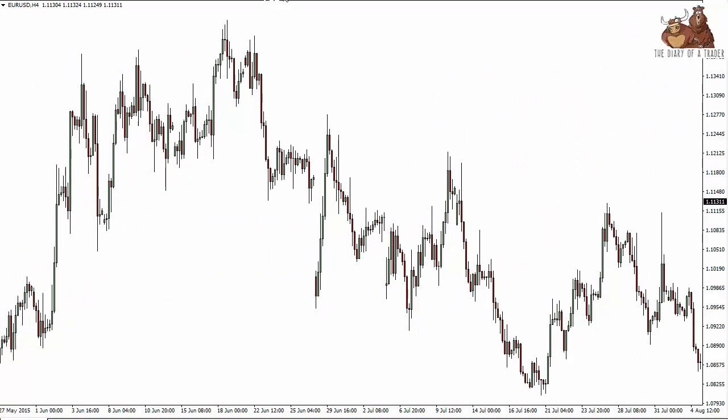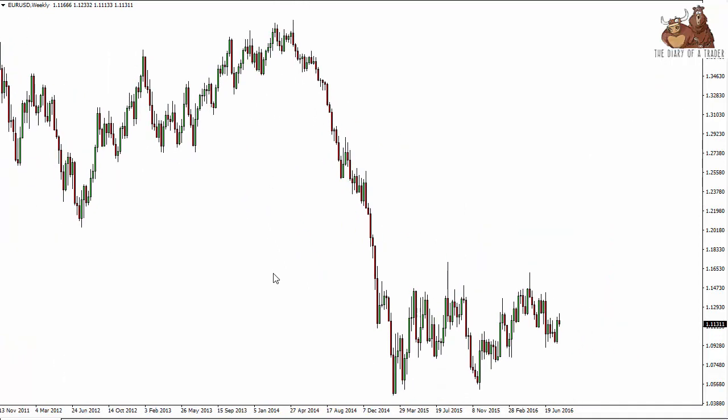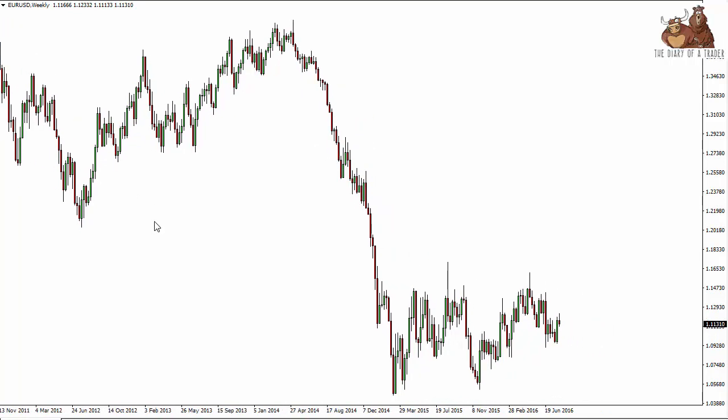And I would say that typically the continuation patterns that form on the longer term charts, such as the weekly, tend to be much more relevant than on the shorter term charts, such as the 5-minute, because it takes a lot more information to form those patterns and a lot more people are paying attention to them.